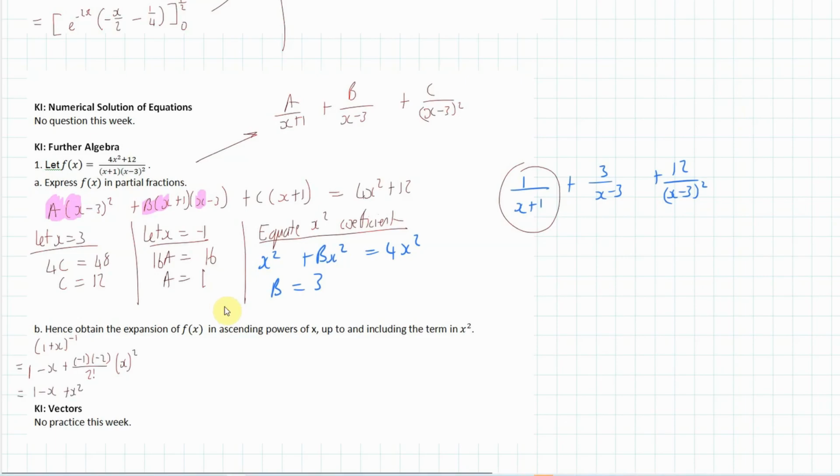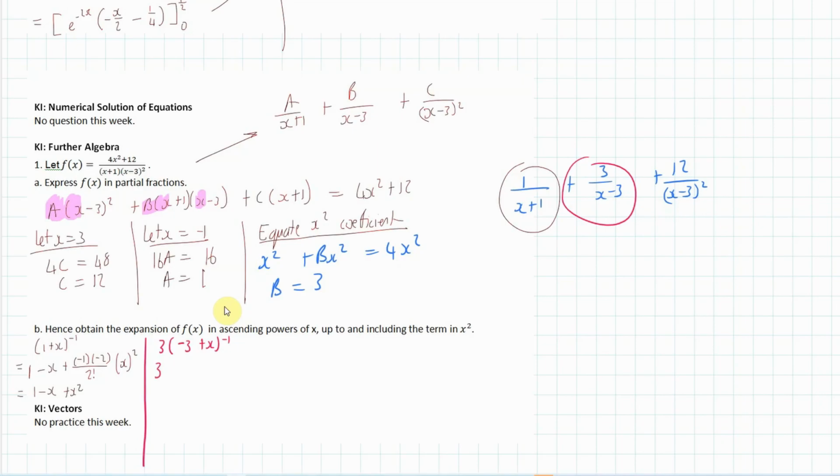Now let's consider the next one. This one, I'm going to rewrite that as 3 bracket minus 3 plus x to the -1.